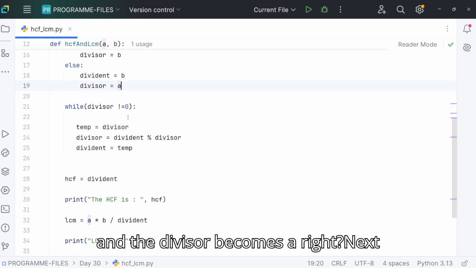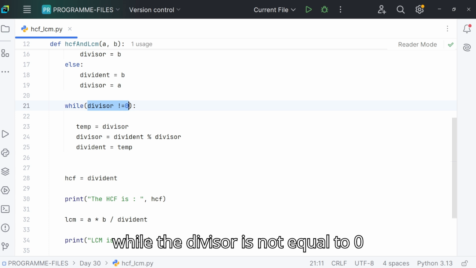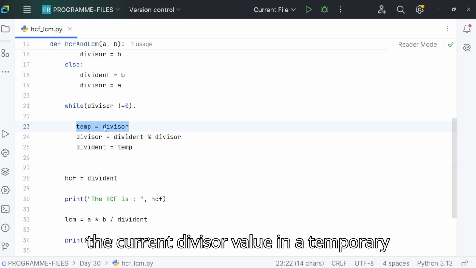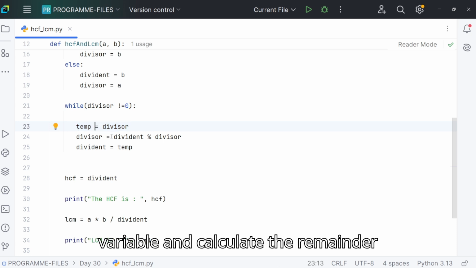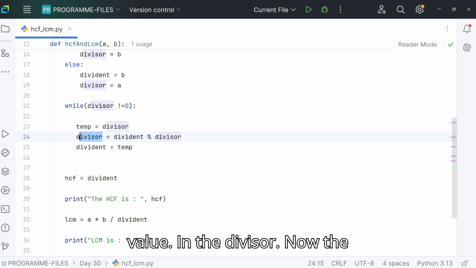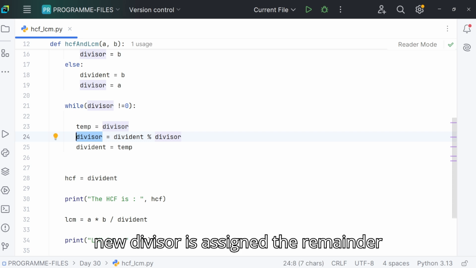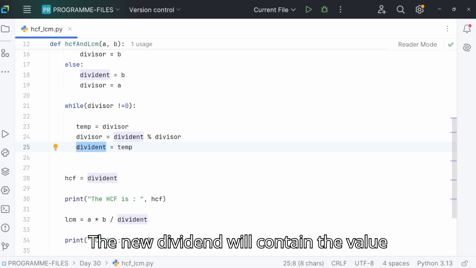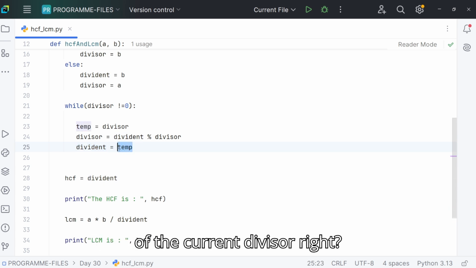Right? Next, while the divisor is not equal to 0, we store the current divisor value in a temporary variable and calculate the remainder of the division, right? And store the value in the divisor. Now the new divisor is assigned the remainder value. Next, the new dividend will contain the value of the current divisor, right?